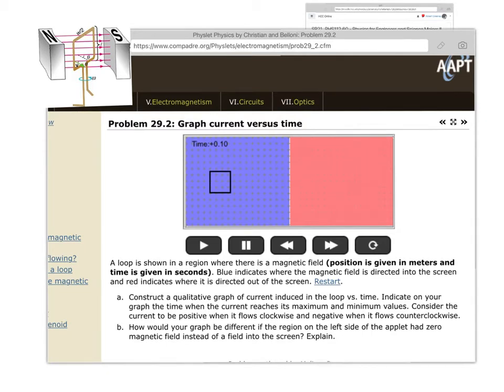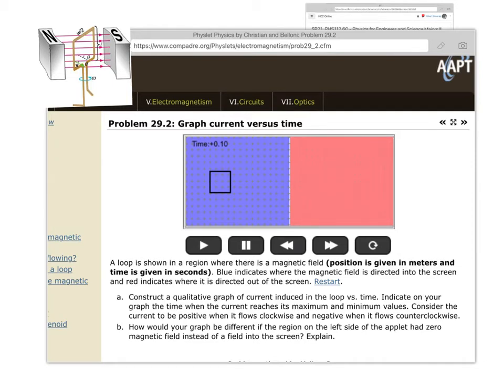Okay, so there's not going to be any change, but notice here, this is where you may mess up. When it gets to the edge, now it moves in, and it's not moving from a field into no field, so it's losing blue and gaining red.